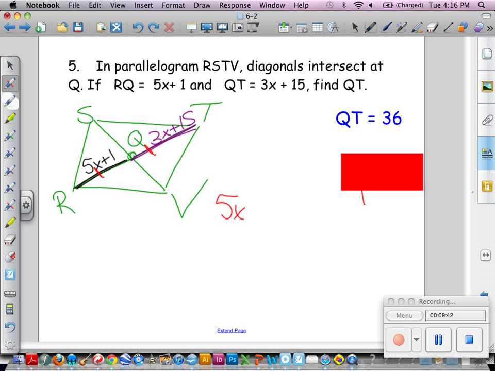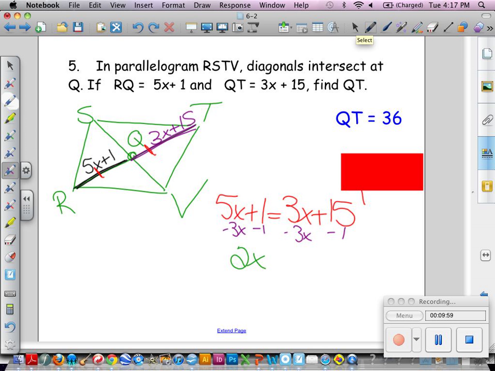5x plus 1 equals 3x plus 15. Do your algebra. Subtract your 3x. That gives you 2x, minus your 1. That gives you 14. X is 7. Is that what stumped you?